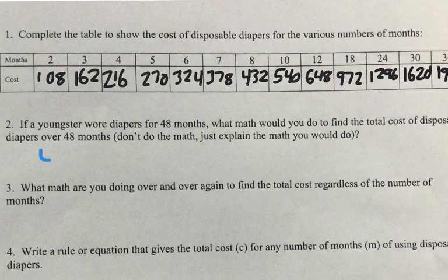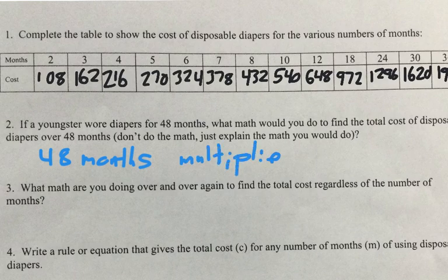We would take 48 months multiplied by $54. So it's however many months times $54.